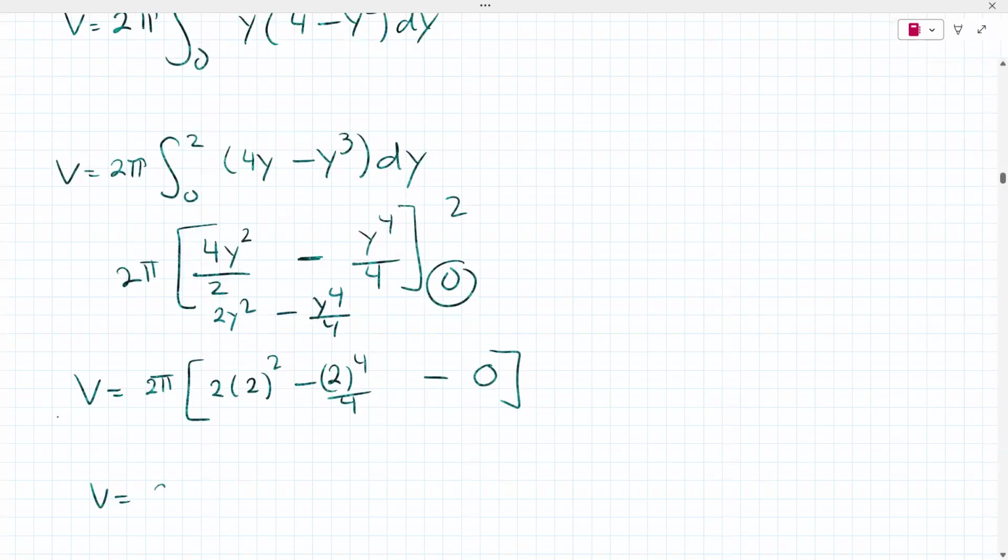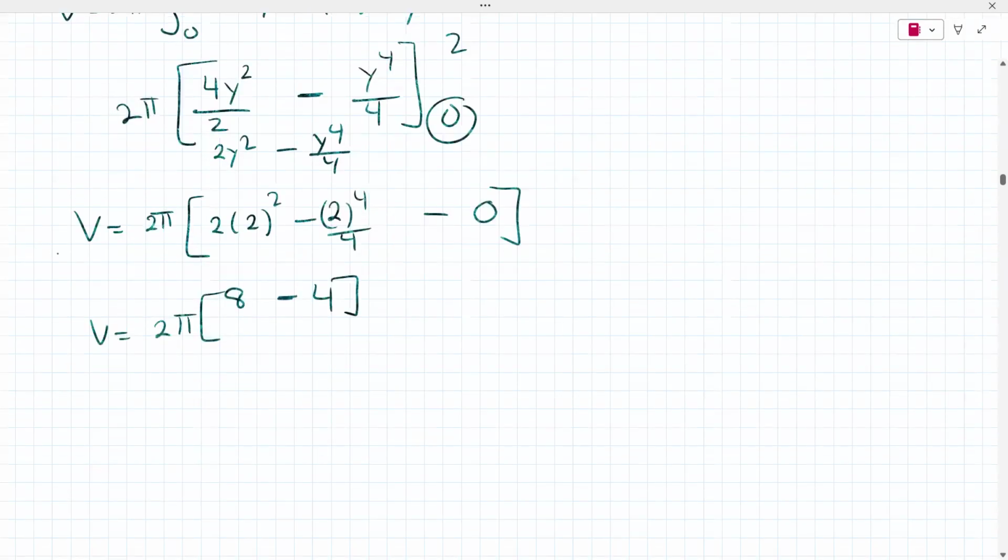So you get V equals 2 pi times, 2 squared is 4 times 2 is 8, minus 2 to the fourth over 4, which becomes 4. So V equals 2 pi times 8 minus 4, which is 4, which is 8 pi. So my volume is 8 pi, because I took out the 2 pi.